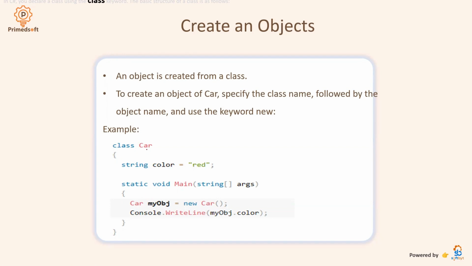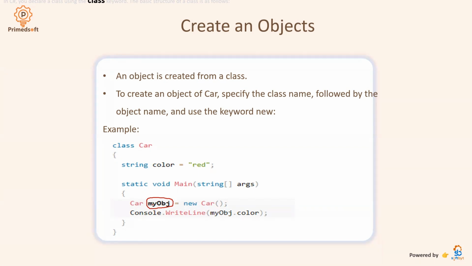And how do we do it? Take note of what I'm doing. You call the class name. This is the class name, car. You call the class name car, and then you assign it any name you want. You can even assign it the name car, but you will have to write it with a small letter.